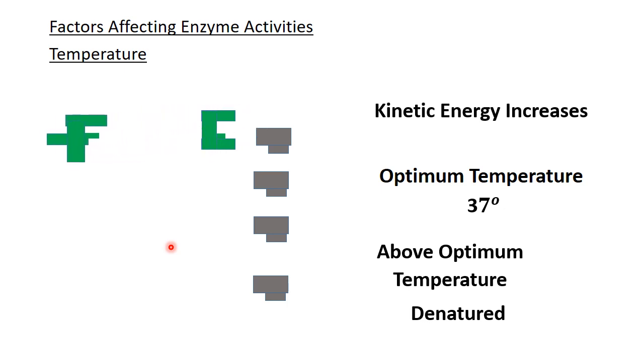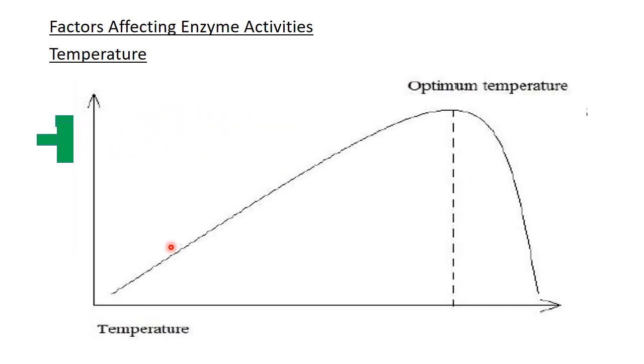To help us understand how temperature affects enzyme activity, we're going to use this diagram. On this scale, we've got temperature. As we go this way, we're increasing the temperature, and as we go up, enzyme activity is being increased. We can see that as the temperature is being increased, the graph is also going up, meaning that the rate of reaction is also increasing.